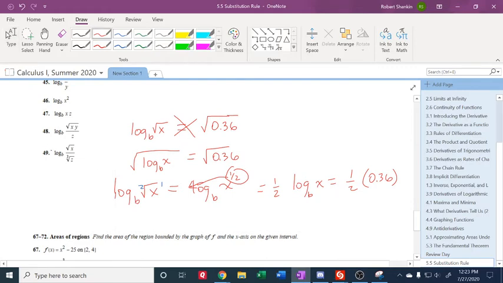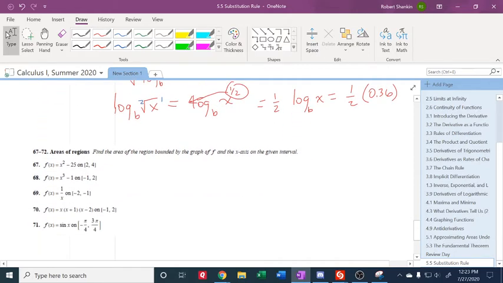So the one that we did over here was 49. And now over here, we're looking at 71.